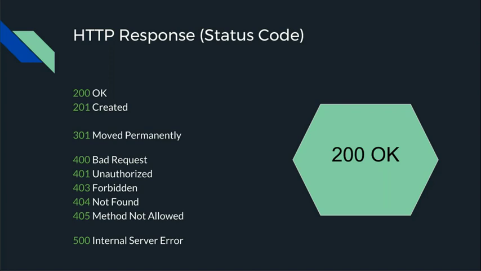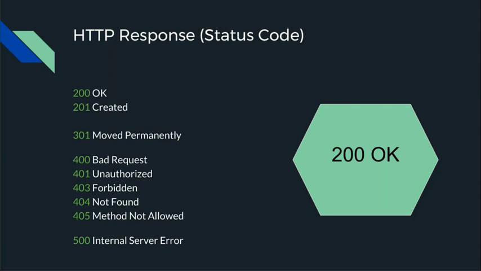Here are the most common status codes you will get in an HTTP response. 200 OK, 201 Created, 301 Moved, this is for redirect, 400 Bad Request, 401 Unauthorized, 403 Forbidden, 404 Not Found, 405 Method Not Allowed, and 500 Internal Server Error.